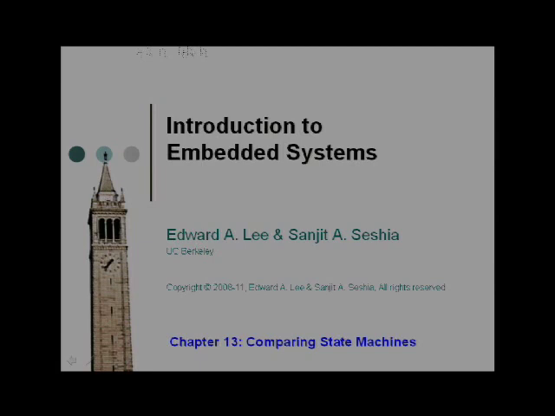Okay. So today we're going to continue with the same thread, which is talking about specifications. But today is going to be a slightly different way of writing specifications, which is actually something we've seen before. We're just going to draw state machines.